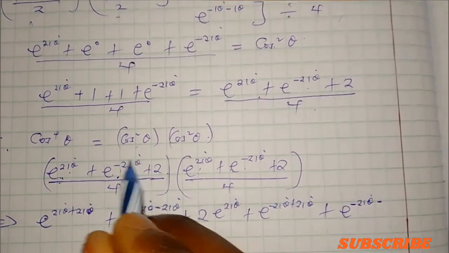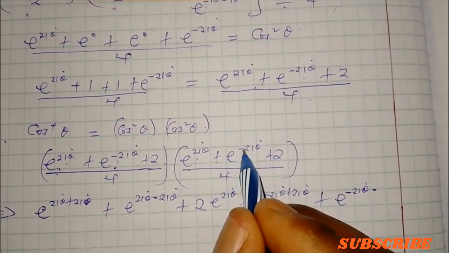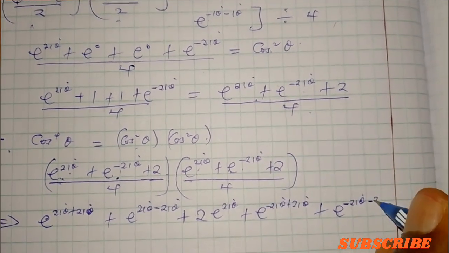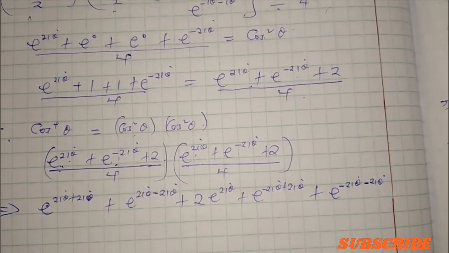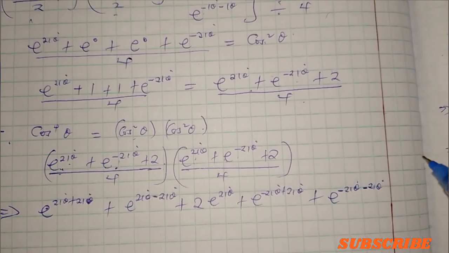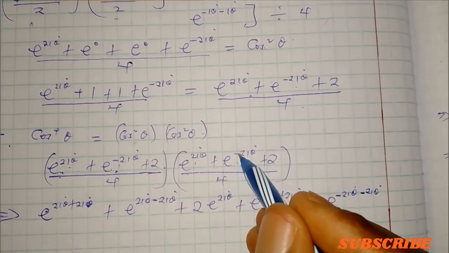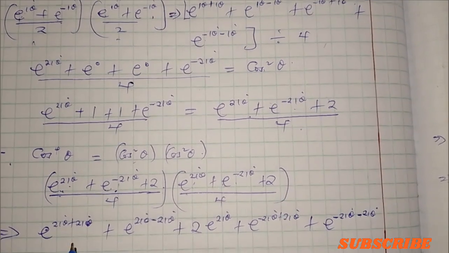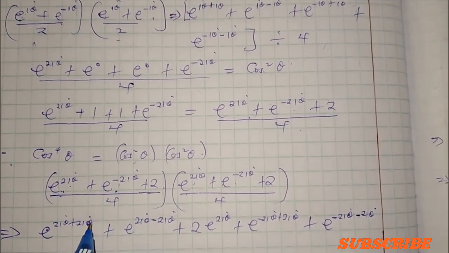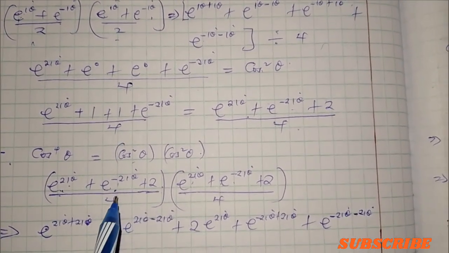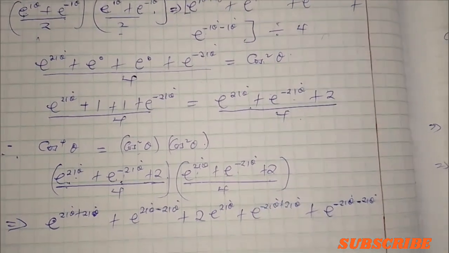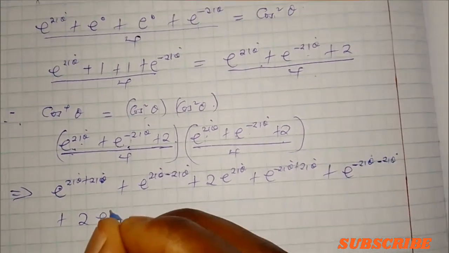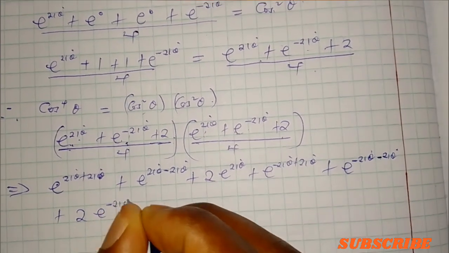We write this power here, then we add negative 2i theta, and it becomes negative 2i theta. Positive times negative is negative. Then this one times this one, we get plus 2e raised to the power negative 2i theta.